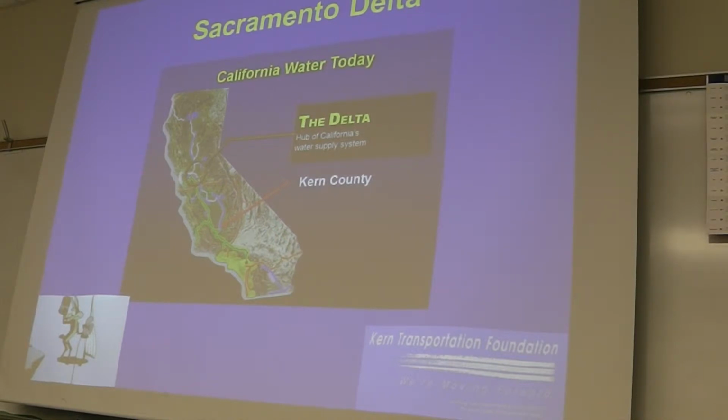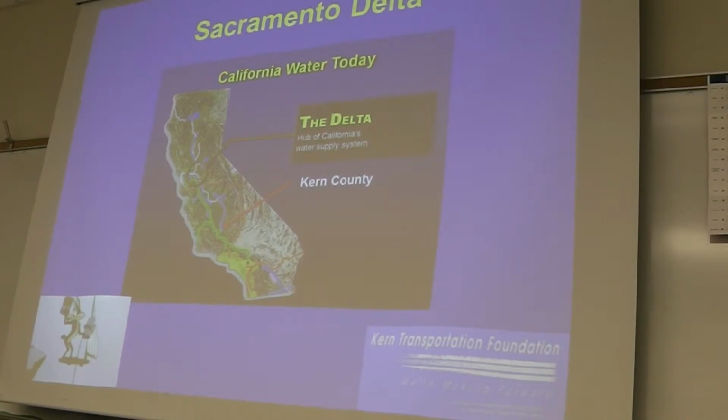When you talk about the Delta, there's numerous problems that are involved. You've got, obviously, a fish population, and other environmental issues they're trying to deal with. Some of the problems they have is that many of the cities up in this area dump partially treated sewage into the rivers, and so that doesn't help things.